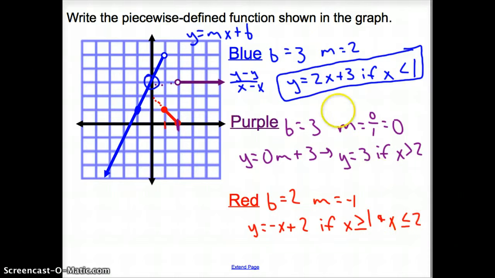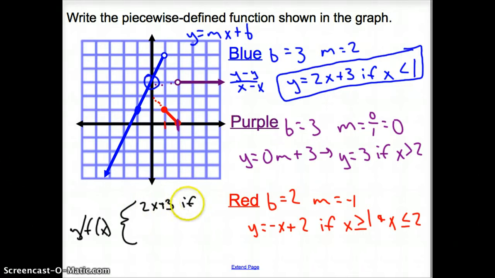Now if you wanted to, you don't have to, but you could go f of x or y, so you could label this y, or you could go f of x, function notation, and then the brackets, what you saw on that first page. 2x plus 3 if x is less than 1, then your purple equation, y equals 3 if x is greater than 2.